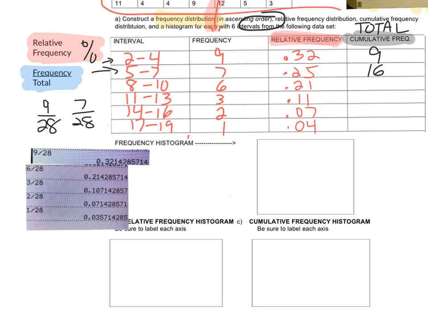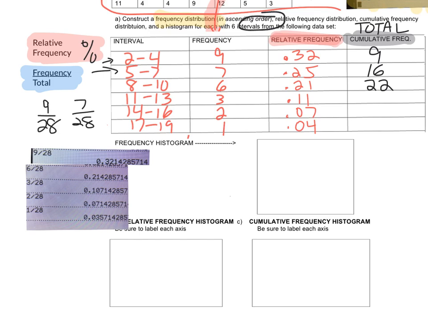So we say the cumulative frequency is 16. The third interval, its frequency is 6, but we had the 7 and the 9 before it, so we get that sum of 22. Basically what you're doing is you're taking the previous cumulative and then adding the new frequency to it. So 16 plus 6 gives you 22.